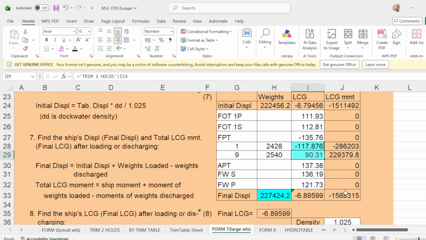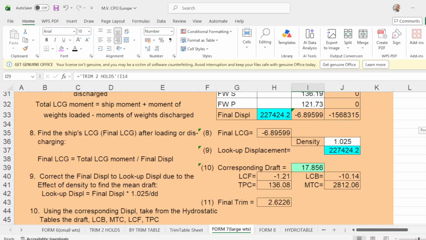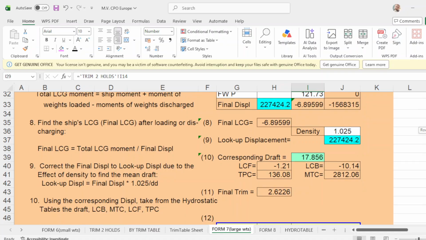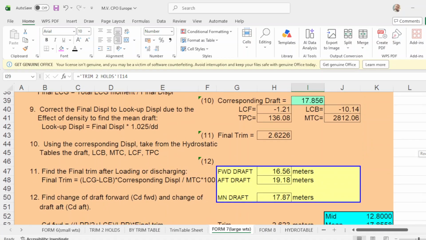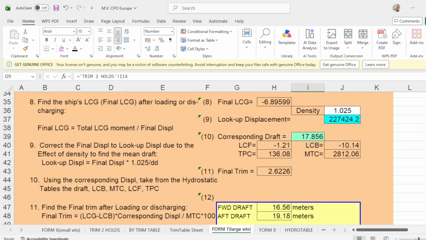Then scroll down. What happened here? Something wrong with this one. Why?